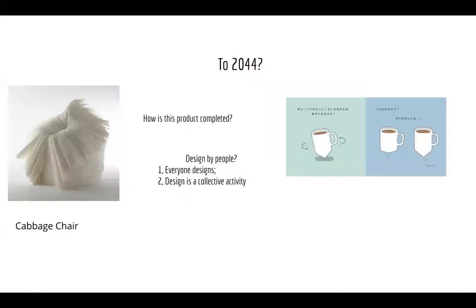Apart from the cabbage chair, he also wrote and published a tiny book named Not Just a Cup, to appeal for more children or even more people to participate in product design, because design is a collective activity and everyone designs.